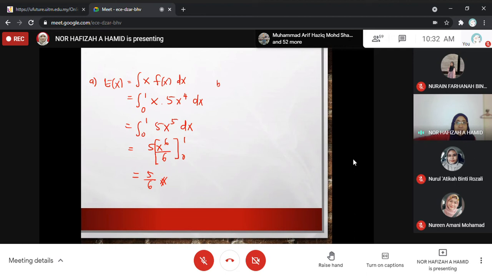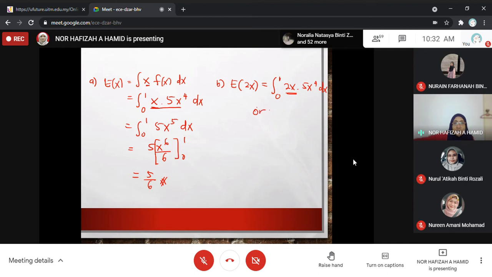Next for B, we need to solve for E(2X). For E(2X), there are two formulas or methods to solve it. First, you can integrate, so from 0 until 1, and x we substitute as 2x: 2x times 5x to the power of 4 dx. It is similar to this, but here x becomes 2x. Then you expand and integrate and substitute the values.